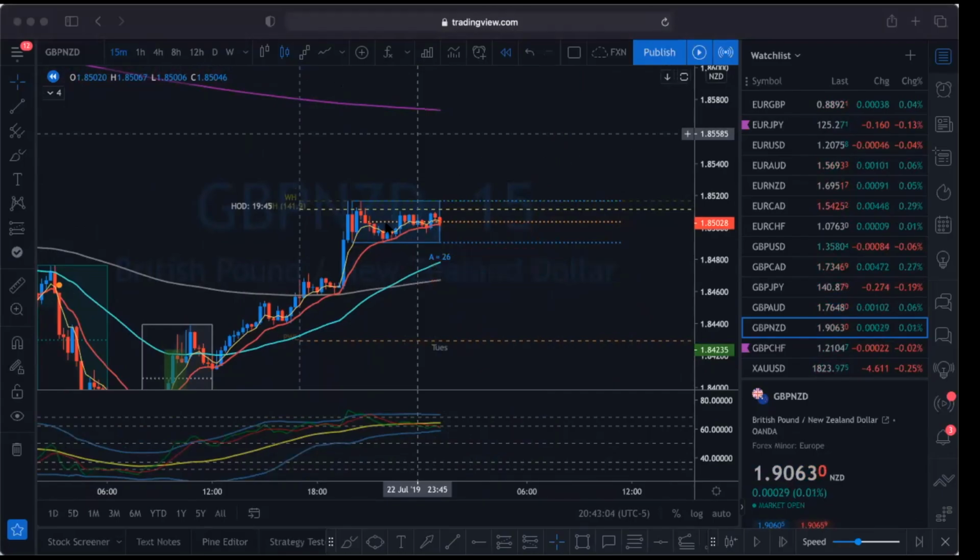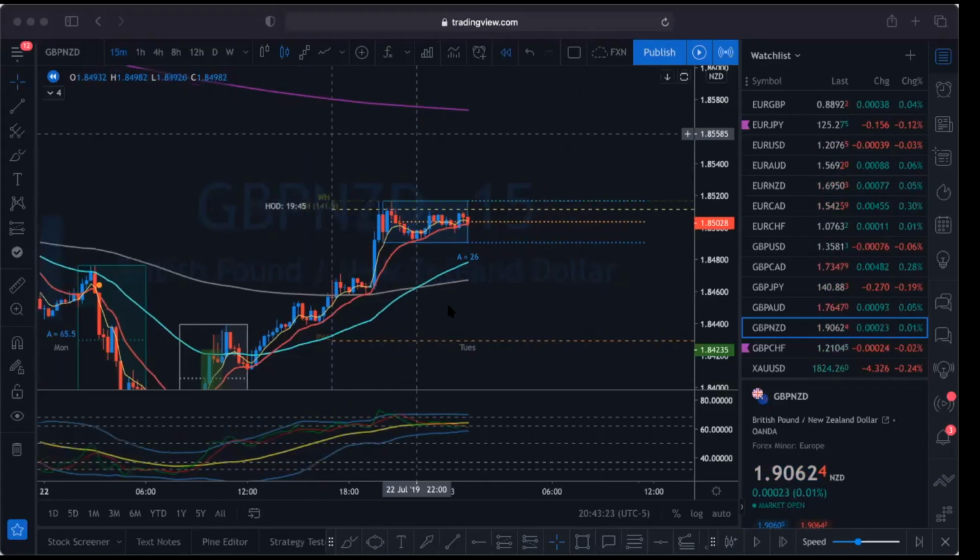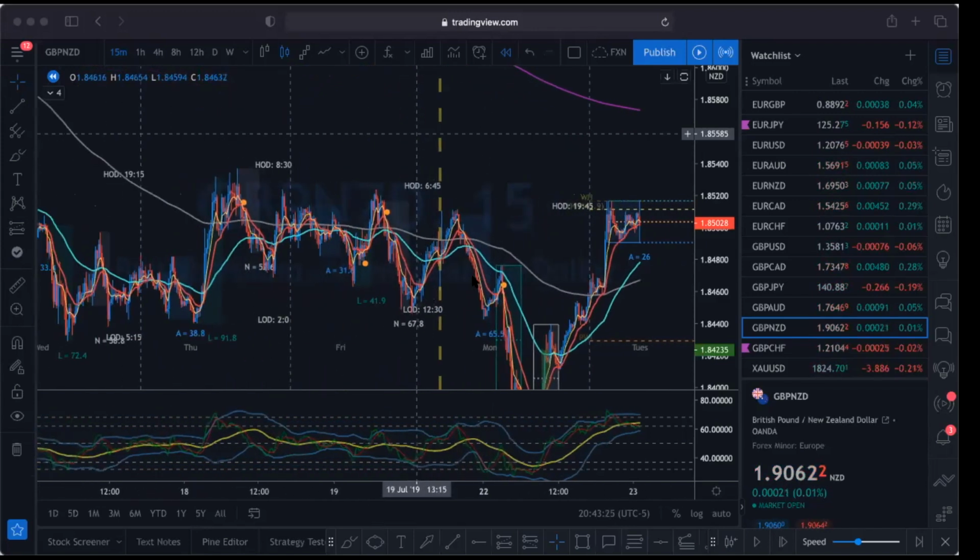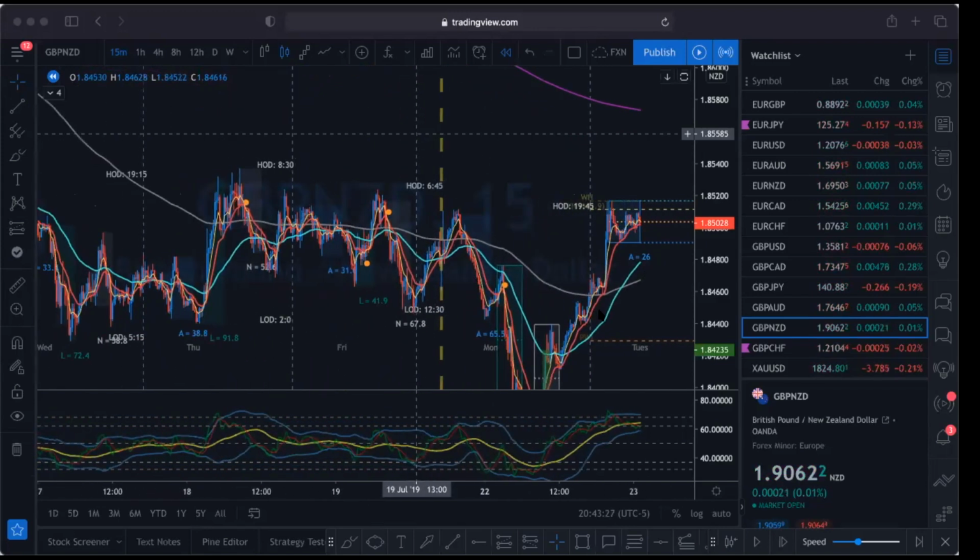Does that make sense to everybody? So that's what I would be looking for, a pattern to come down to the EMAs, because my bias is to buy. So I'm trading above the 200 and the 50 now.